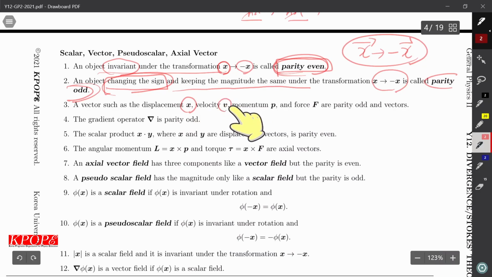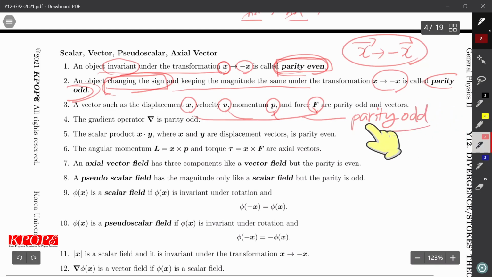Displacement, velocity, momentum, force, they are all parity odd, and they have three components. We call them vectors.